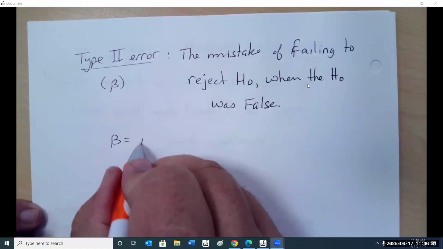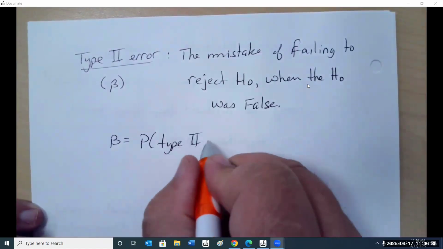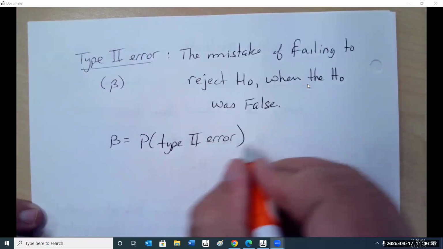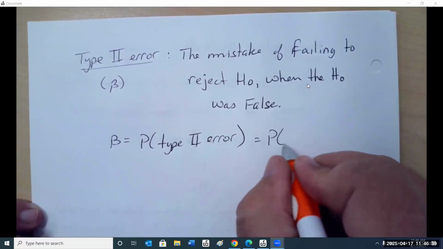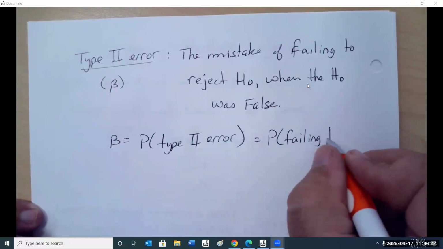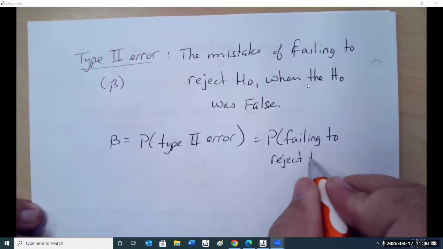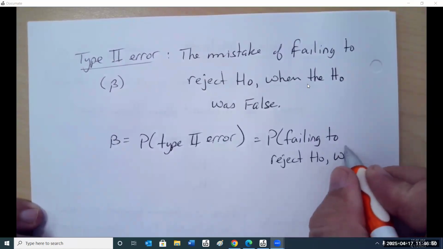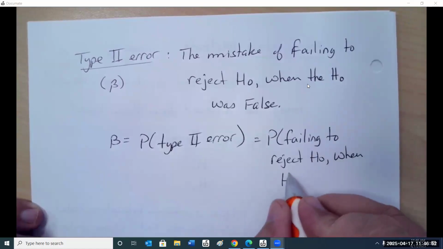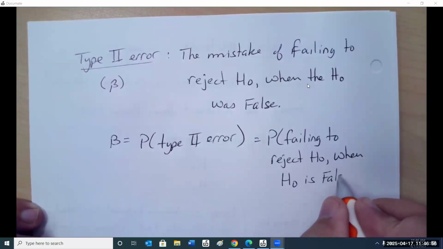So beta equals the type 2 error equals the probability of failing to reject H0 when H0 is false.